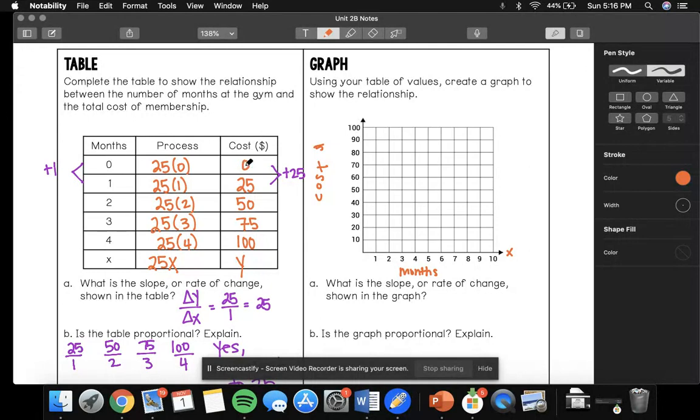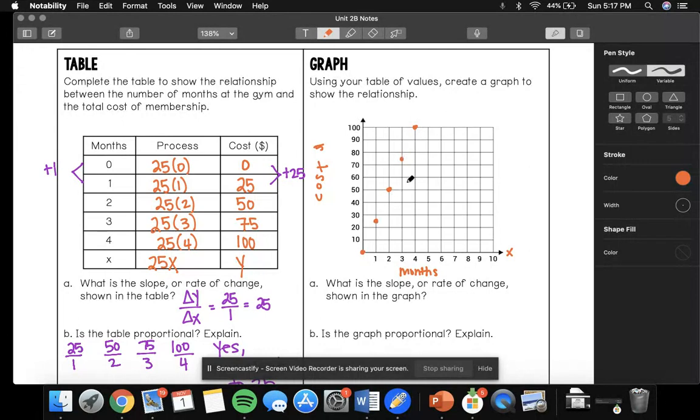0 months, $0, or (0, 0). 1 month, $25. 2 months, $50. 3 months, $75. 4 months, $100.